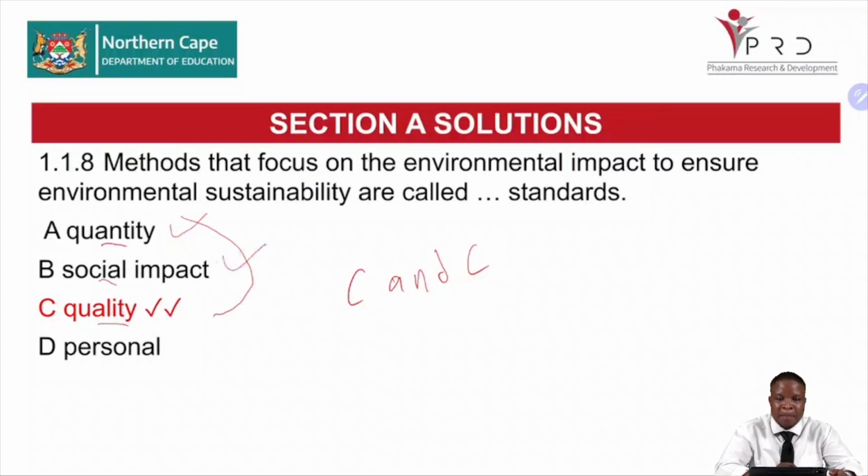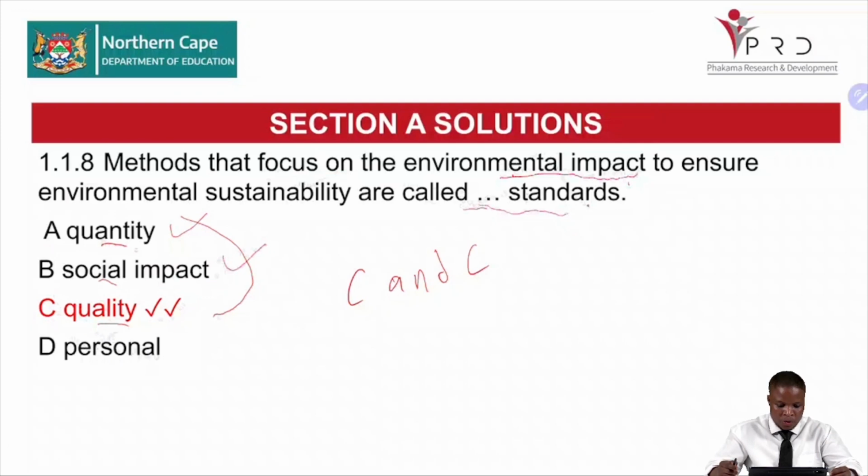The social impact standard looks at how you are impacting people living around that society. Then the quality standard focuses on the environmental impact that is there. They look at what you are producing that is polluting the environment, right? And then the quantity, how much, and then the social, how you are affecting people living around that area, right?